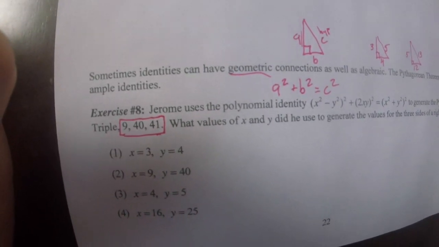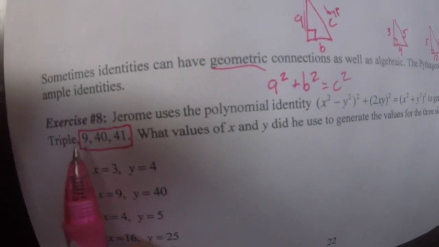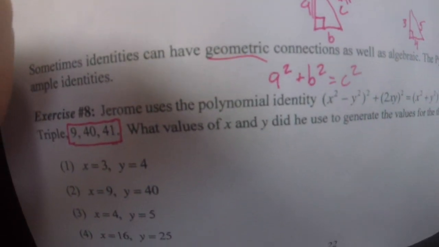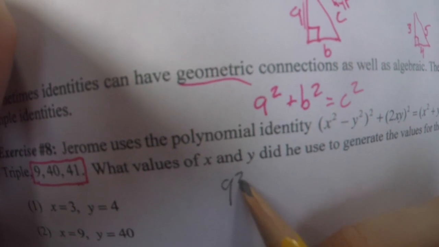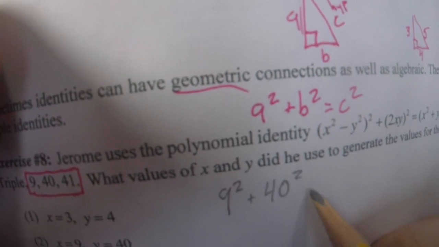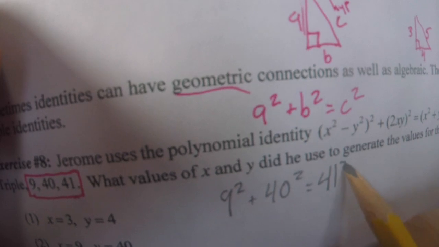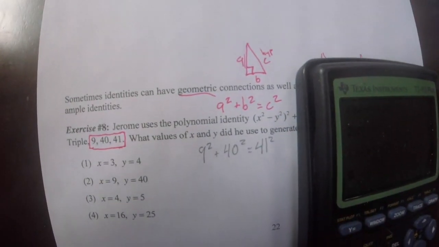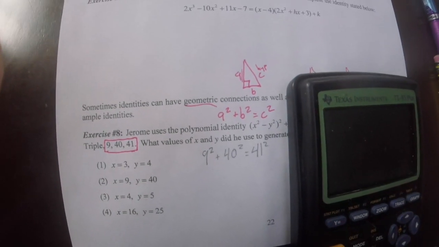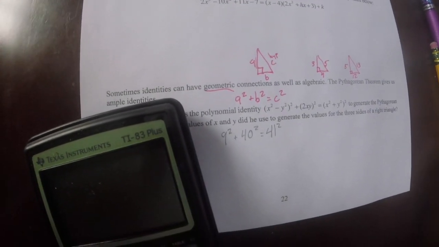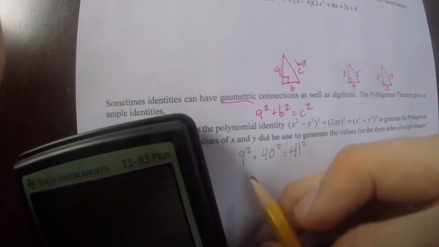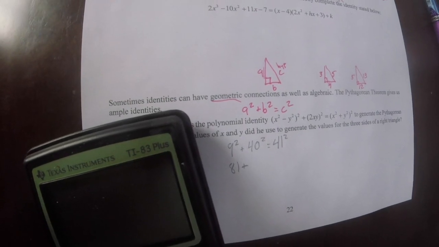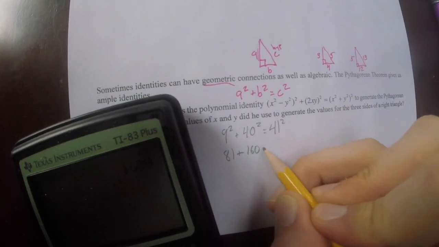Because if you plug this into the Pythagorean theorem, let's just do a little test run. 9 squared plus 40 squared equals 41 squared. All right, let's check that out. Well, 9 squared, I remember, 9 squared is 81. 40 squared is 1600.